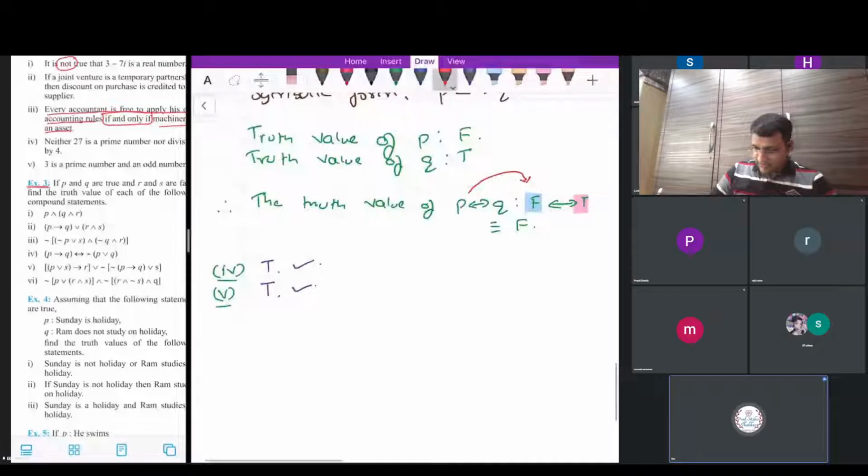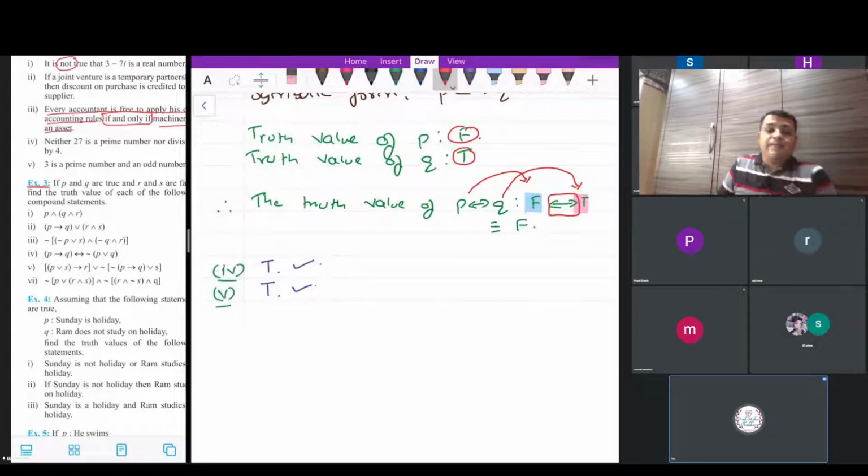So just as we did in all the questions up till now, we write the truth value in its respective place, something like this. Here the truth value of P was F, so I considered F. The truth value of Q was T, so I considered T. And then I thought of the condition which is applicable in that particular connective. So based on that connective, we write the next answer or the next step. So guys, the same logic has to be applied in this entire question.